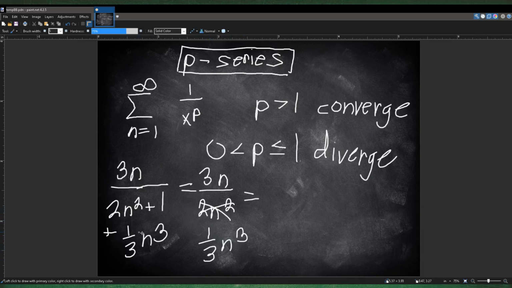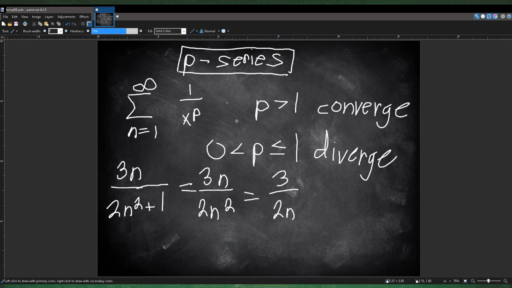So you take the term with the highest degree, basically. Okay. So when you have this, what you could do is simplify. So you divide n from the top and the bottom. So that becomes 3 all over 2n, right? And now you just think about this as the equation, right?